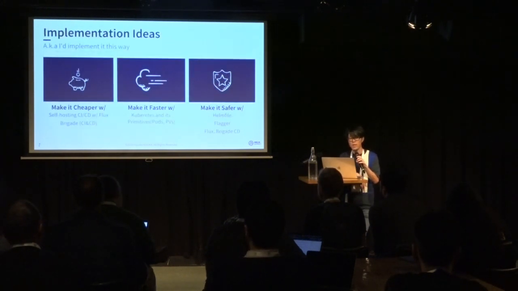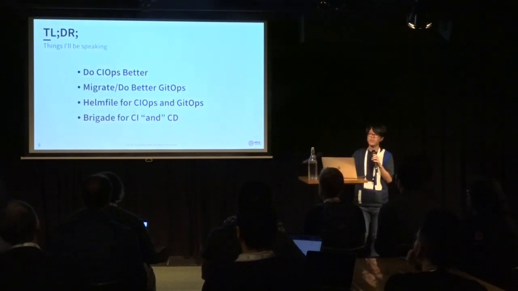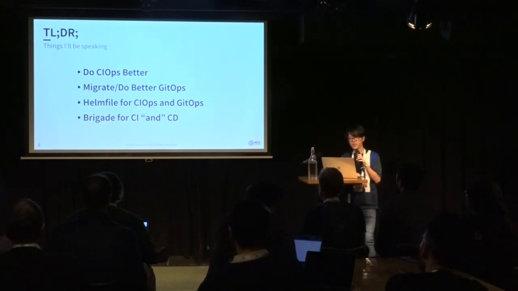I can't deep dive into every topic here, but in this 20 minute presentation, I'll be introducing self-hosting CI/CD with Brigade, making it faster with Kubernetes and its primitives, and making it safer with Helmfile, Flagger, and Brigade CD. Okay. TLDR for this talk: please do CIOps better. I don't force you to migrate to GitOps, but if you do CIOps, you can do CIOps better.